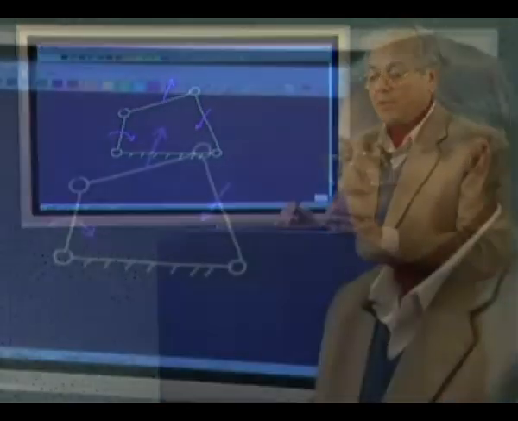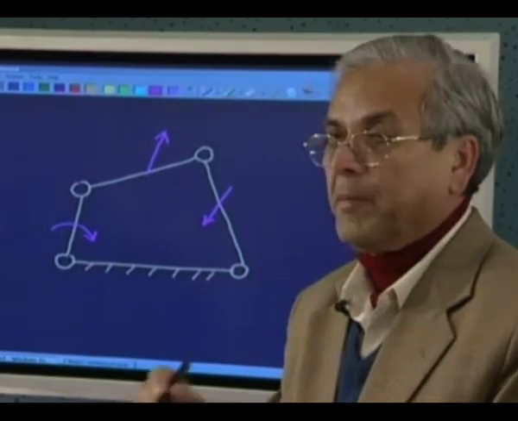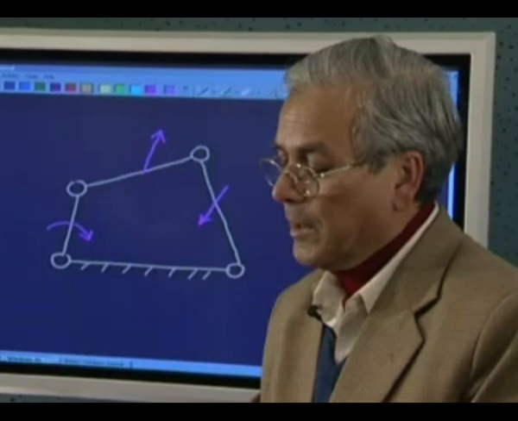Now, if the whole system is motionless, it implies that each and every member of this mechanism or system is in equilibrium.